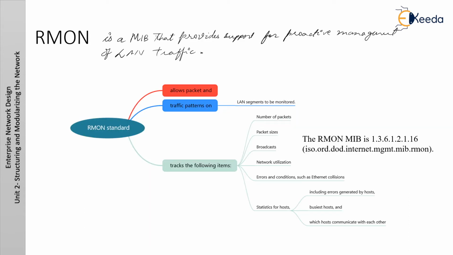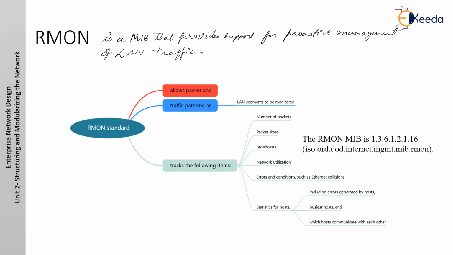RMON is a MIB that provides support for proactive management of LAN traffic. The RMON standard allows packet and traffic patterns on a LAN segment to be monitored.